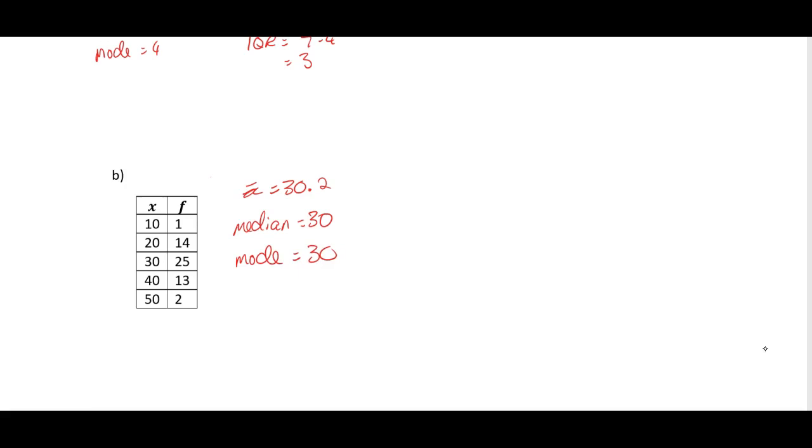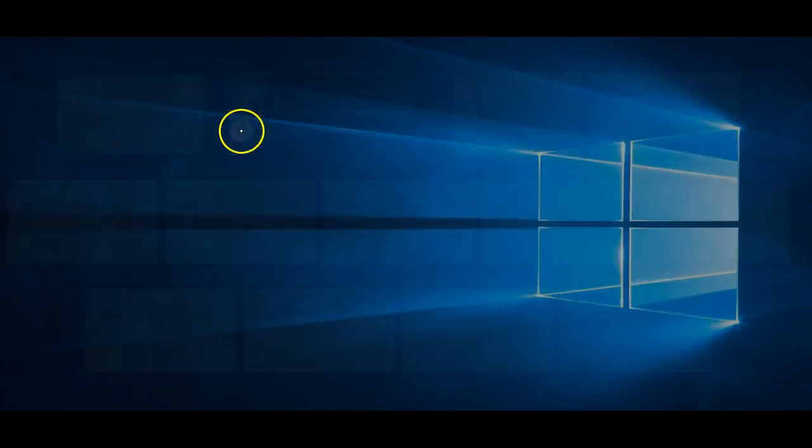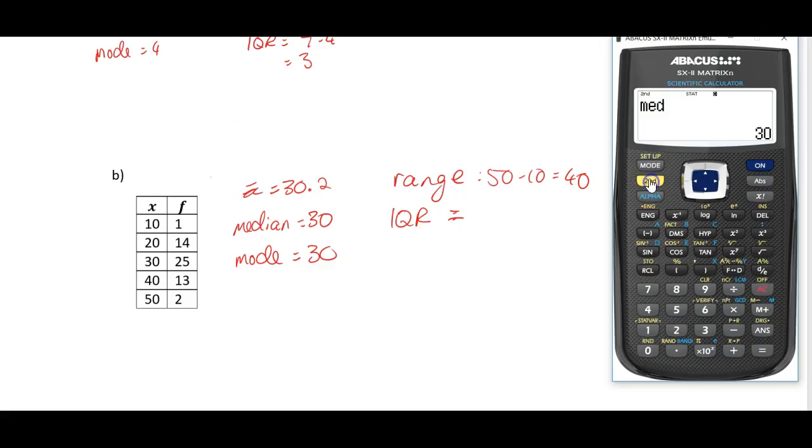Our mode equals the highest frequency, which is 30 there. Right, there's our mode. Our range is 50 minus 10 equals 40. Our interquartile range. Now, what are our quartiles? Again, this is where the calculator comes into its own. So back here, my interquartile range is 5.